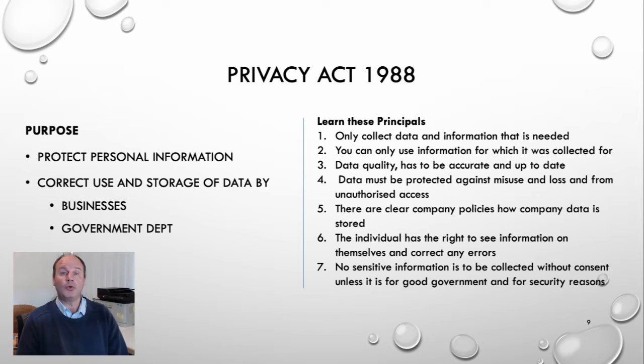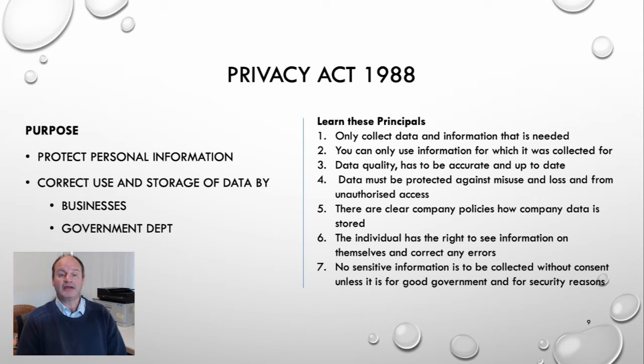Principle 1, only collect data and information that is needed. Number 2, you can only use information for what it was collected for. Number 3, data quality has to be accurate and up to date. Number 4, data must be protected against misuse and loss from unauthorized access.